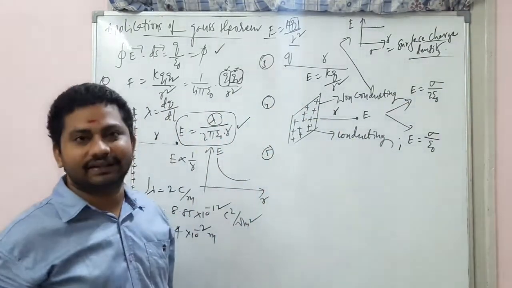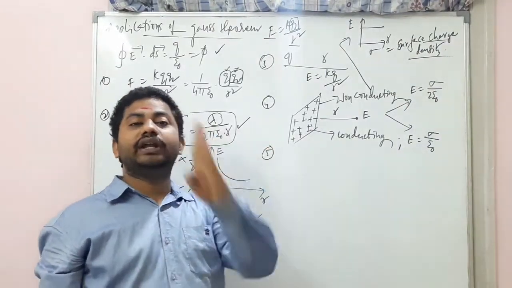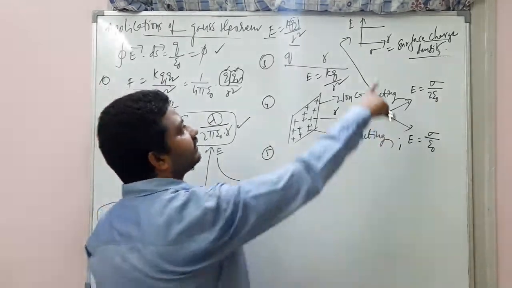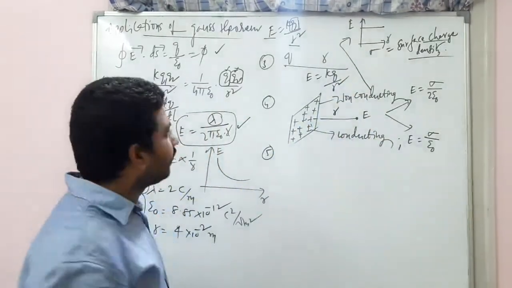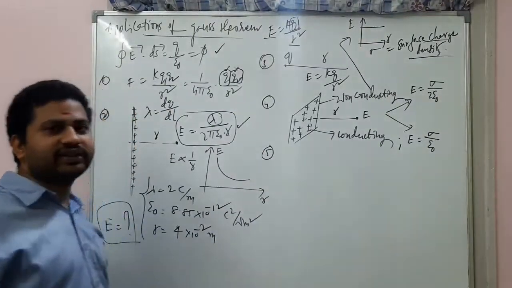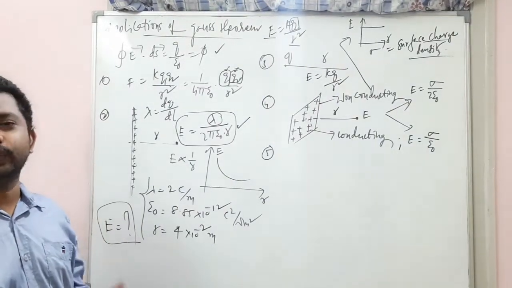In case of a plain sheet, conducting or non-conducting, electric field depends only on sigma, independent of the distance. That's a very important graph. It is not like revision actually, it is like the actual class we are doing.